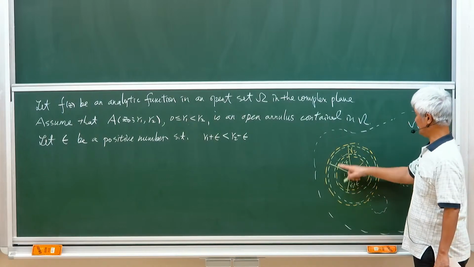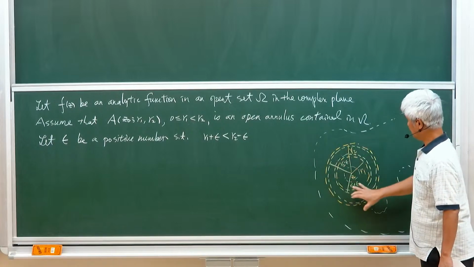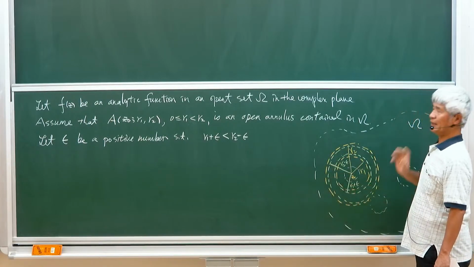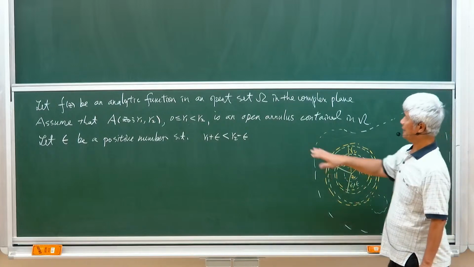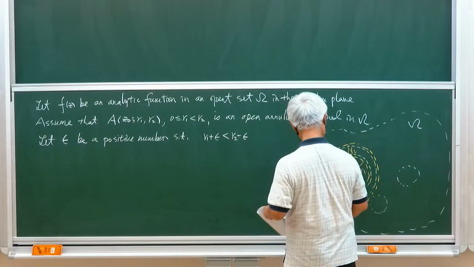You can see the green open annulus is contained in the yellow open annulus. So we just let omega be in here.